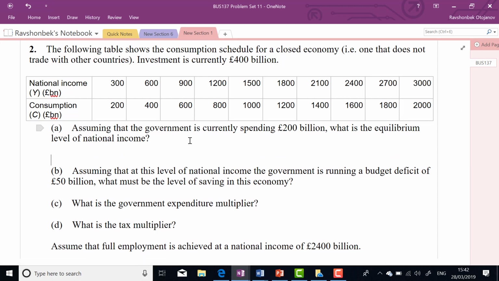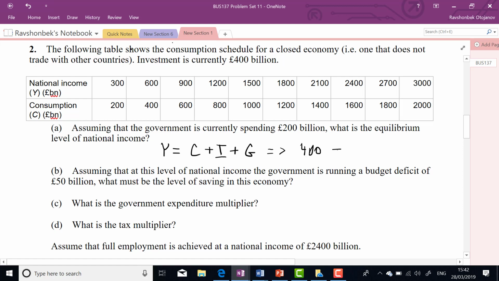Now let's work this out. Here the national income is C plus I plus G. Now, what do we have here? We have I, right? Investment. 400 plus, what else do we have? 200 for sure, plus something else.